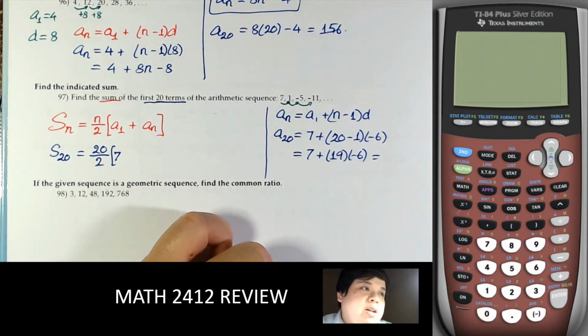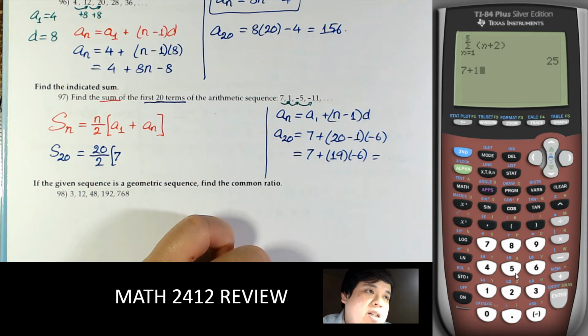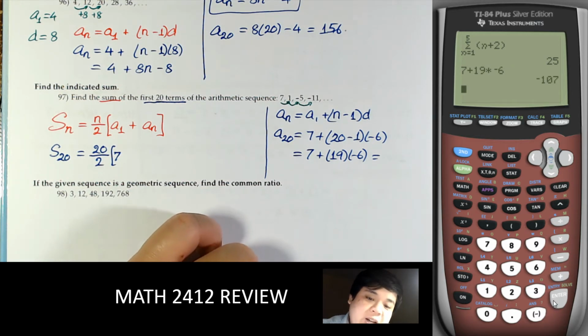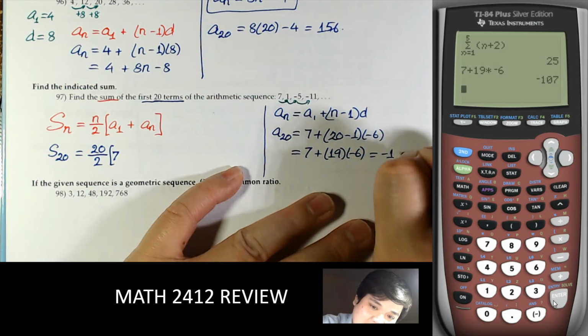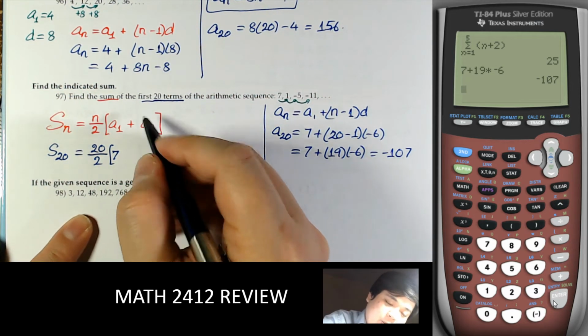We have a calculator, why don't we just use it? 7 plus 19 times negative 6 is negative 107. That is a20.